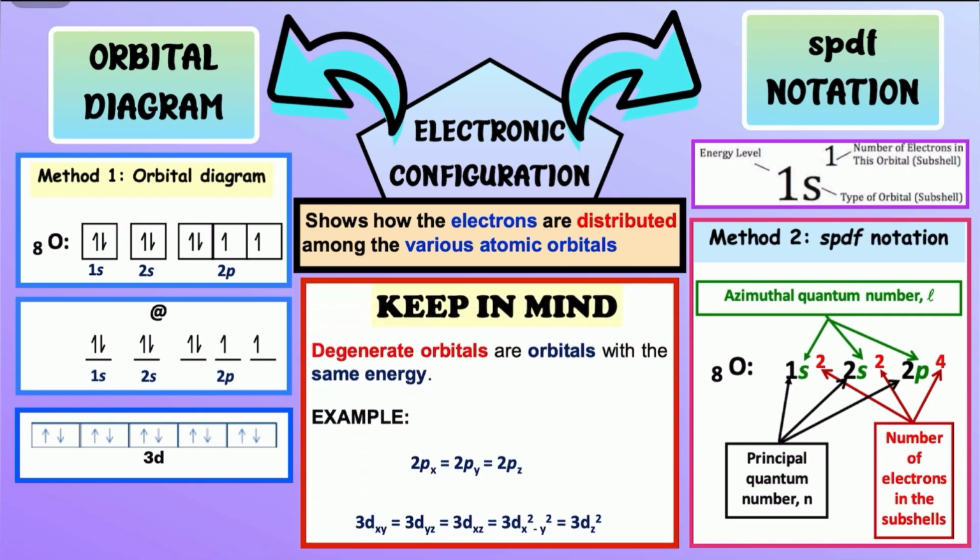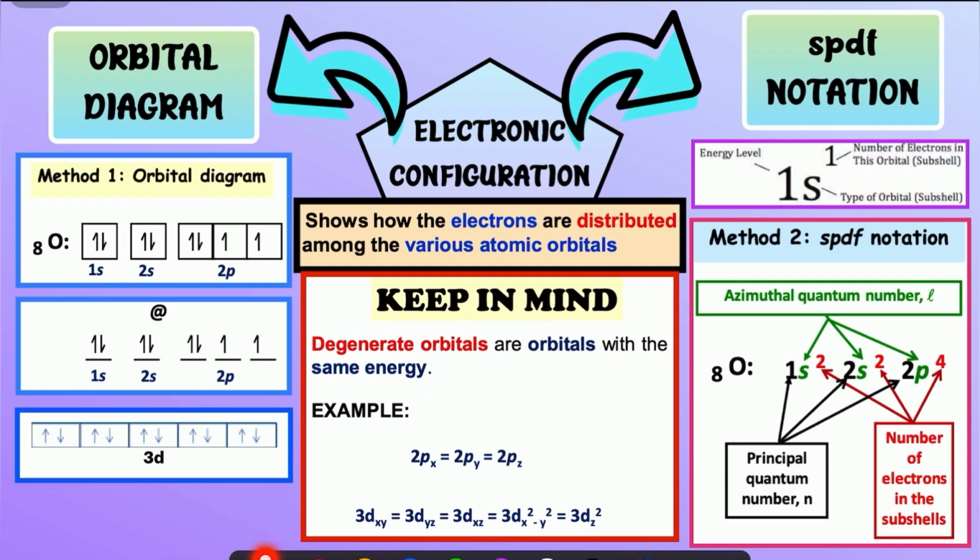But please keep in mind, you need to know the degenerate orbitals. Which one do we call the degenerate orbitals? Degenerate orbitals refer to the orbitals with the same energy. It is for the orbital p and d only. Because p has px, py, pz, the electrons that occupy these orbitals have the same energy.